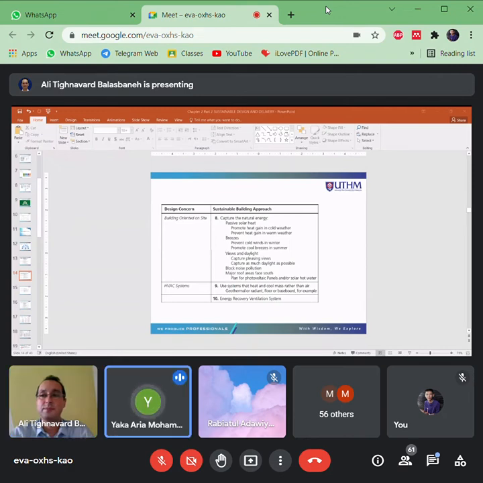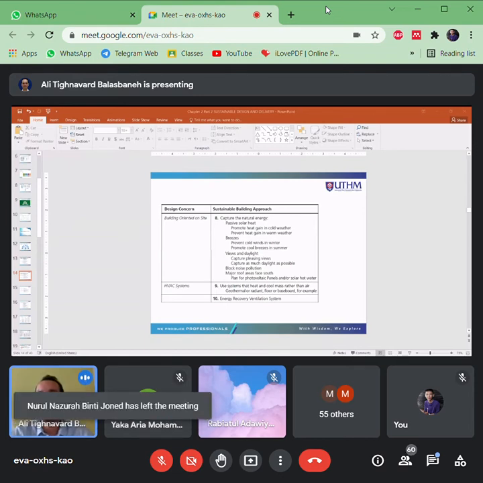Rapid change of weather. Change of weather. Can you explain more? How change, what exactly? The weather is not the same throughout the year. Oh, let's talk about one day, okay? Like today, the weather is stable. Sunny or cloudy is the same throughout the day. We still cannot use natural ventilation. Why?